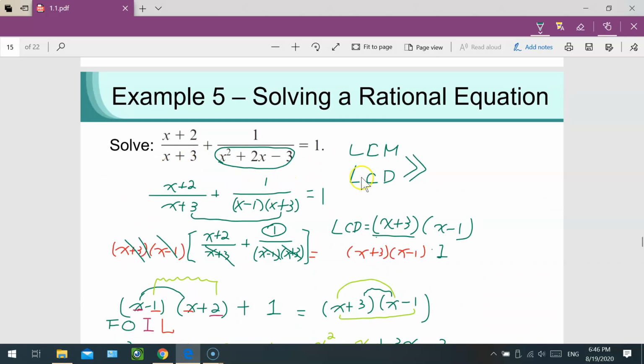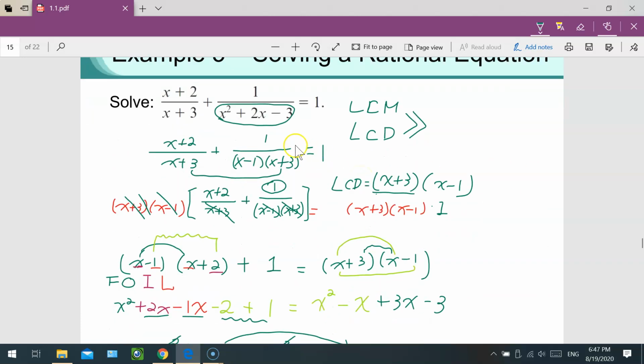The only thing you need to know when you have a rational equation is that you have to make sure the solution you solve, when you plug it back into the equation, never turns the denominator into a 0.